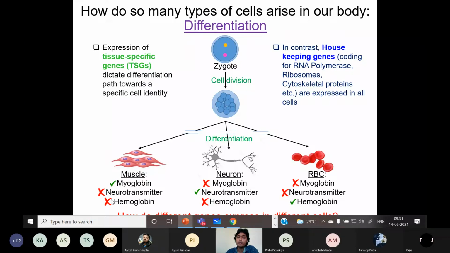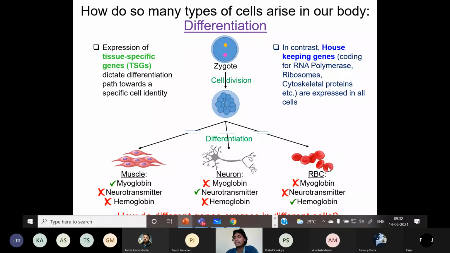But if you consider in terms of product, the muscle cell has myoglobin, but doesn't have hemoglobin or neurotransmitter. Now in nerve cells, you don't have myoglobin or hemoglobin because they don't carry oxygen, right? Rather they should have neurotransmitter, so they can transfer signal through the neuron so that we can understand what is happening in the surroundings.